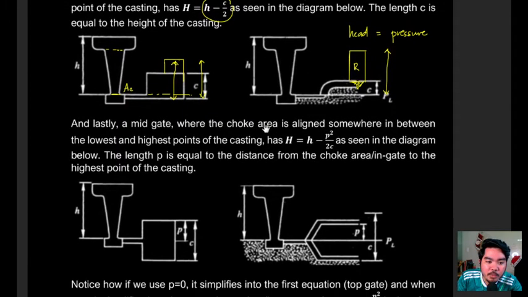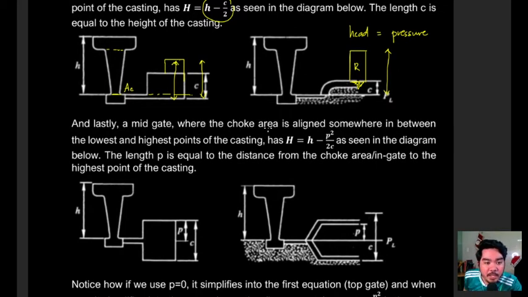Now, if we were to use a mid-gate, the choke area, which implies that the gating system, which is almost always aligned with the choke area, is in between the top gate and bottom gate, somewhere in between the lowest and the highest portions.